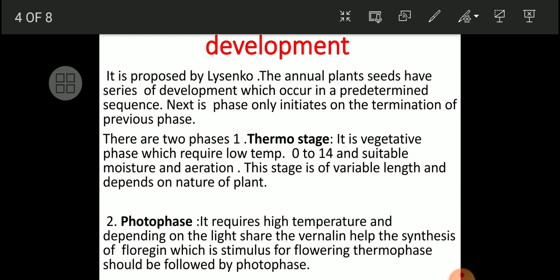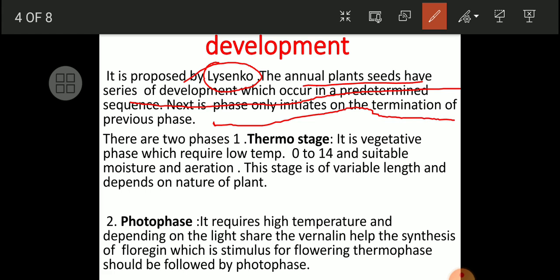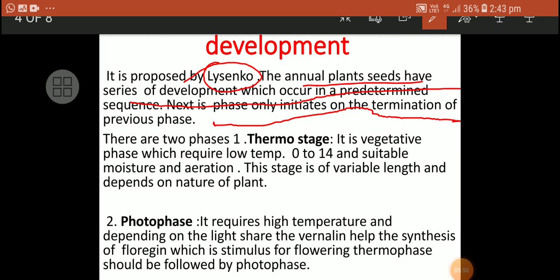Now, the second hypothesis, that is the phasic development hypothesis. It was proposed by Lysenko. The annual plant's seeds have a series of developments which occur in a predetermined sequence. The next phase only initiates after the termination of the previous phase.